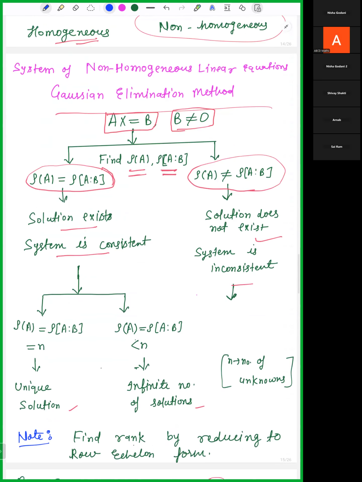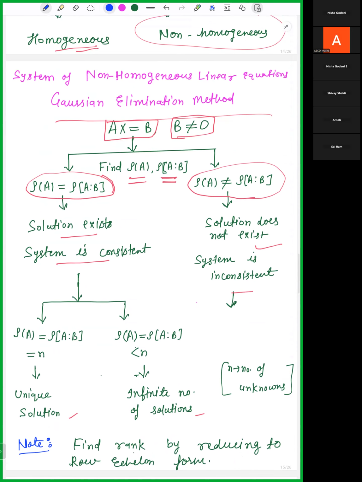According to this, the first step was to find the rank of A and the augmented matrix. We have both: this is 3 and this is also 3. So if these are equal, a solution exists. The system is consistent. Then what to do?